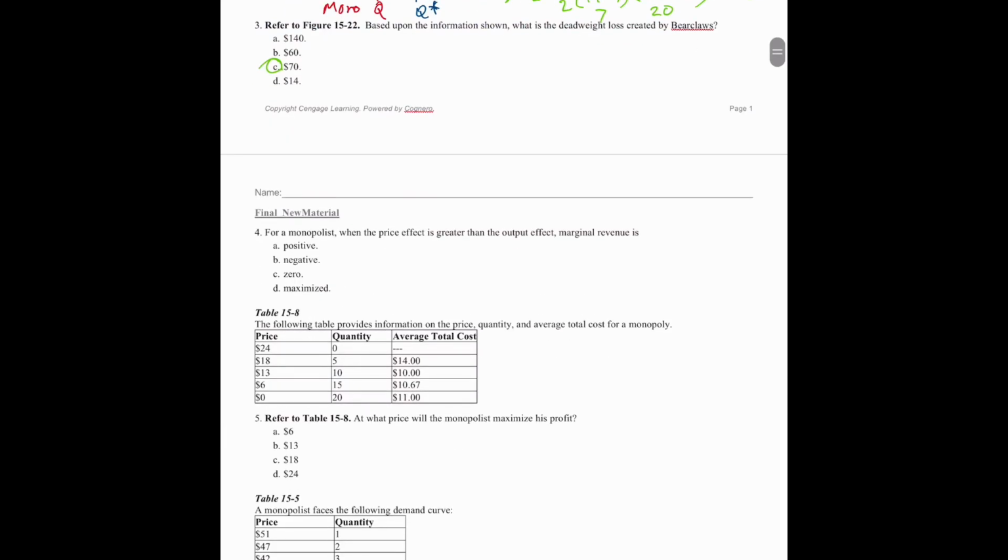Question 4. For a monopolist, when the price effect is greater than the output effect, marginal revenue is. So remember, the price effect is how much does the price change affect our revenue, and the quantity effect is how much does the fact that we're now actually selling more of that good affect our revenue.